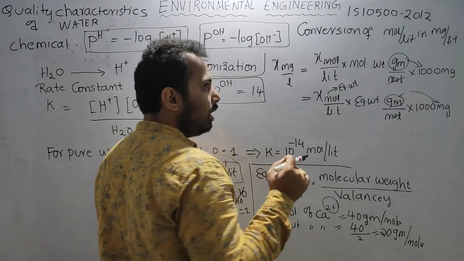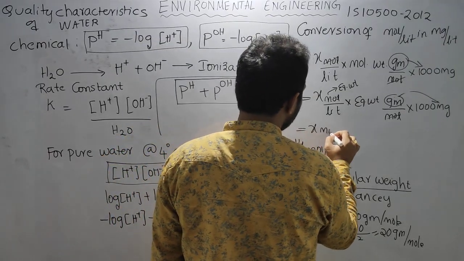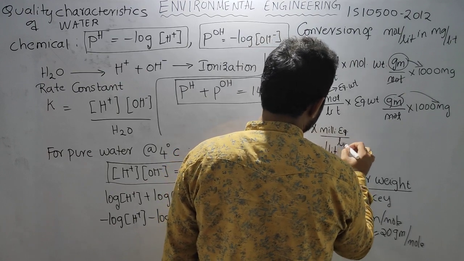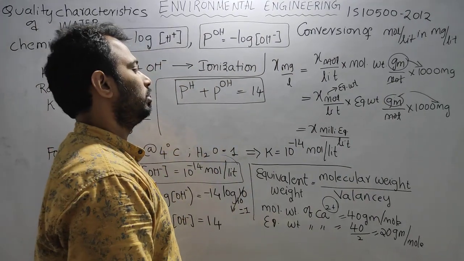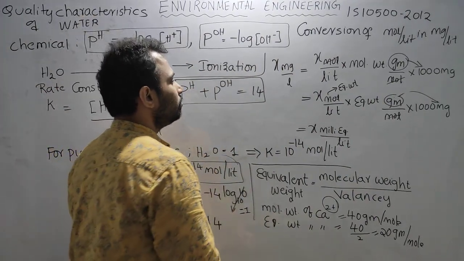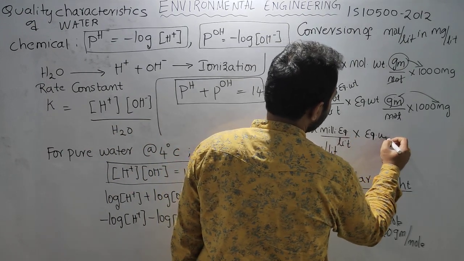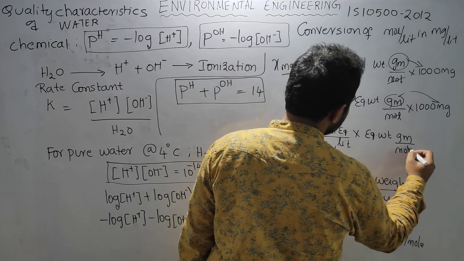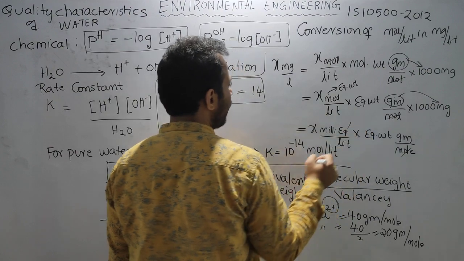When X is given in milli equivalents per liter, multiplied by equivalent weight in gram per mole, this milli equivalent is also for 1 mole, so the equivalent and the mole will cancel.